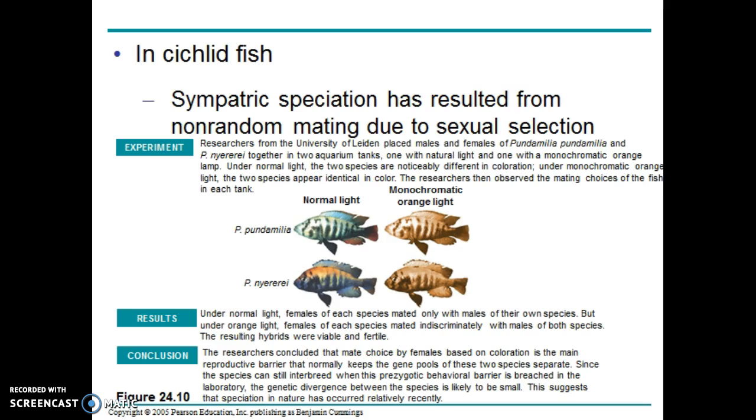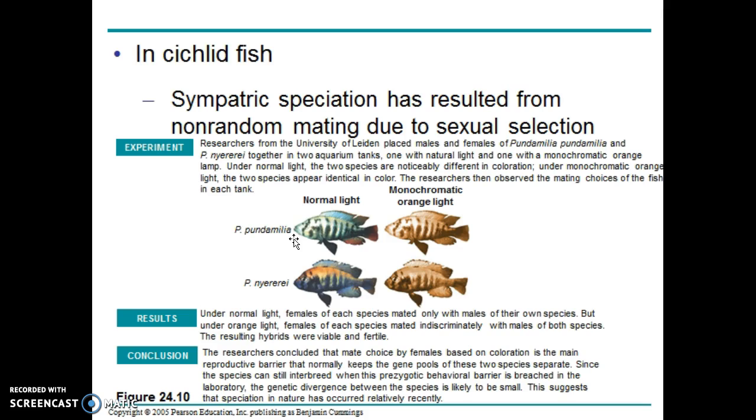Now looking at sympatric speciation using sexual selection. We have two different types of fish. Both are cichlids. And in this particular instance, the females have a preference for selecting the male that has the coloration of their rightful species.